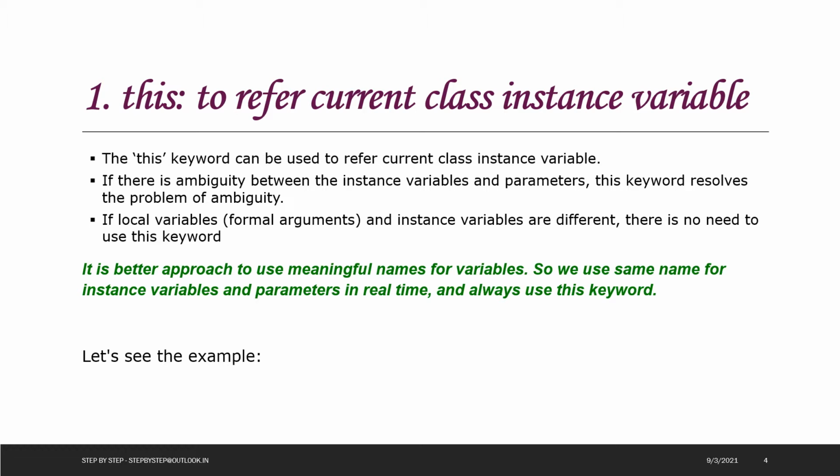In real time we use the same name for the instance variable and parameters, and always use the this keyword. As a better practice of Java coding, the instance variable name and the local variable names will be the same, and to distinguish between them, the instance variable will be called with the this keyword.